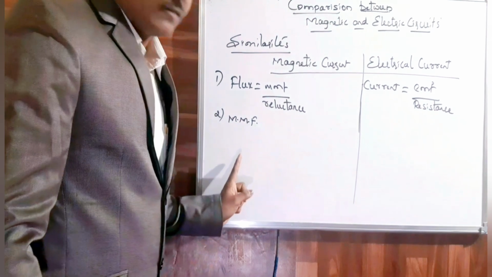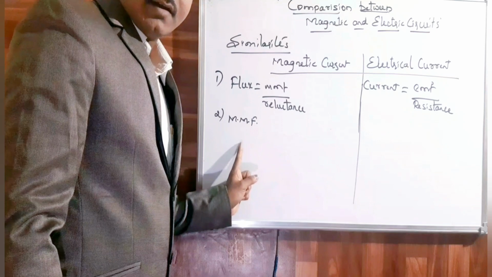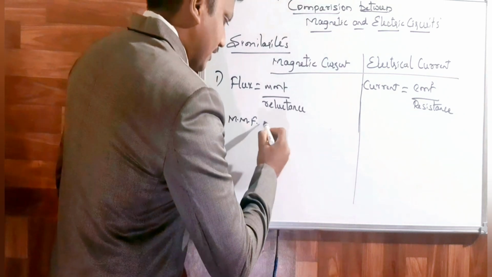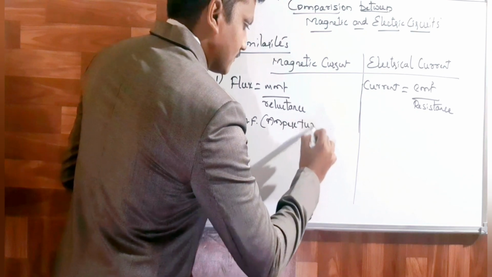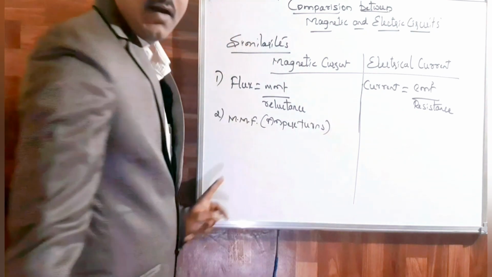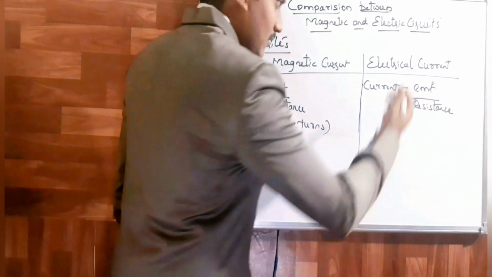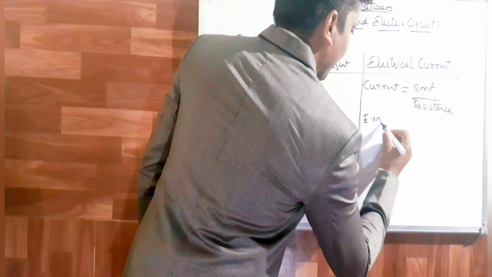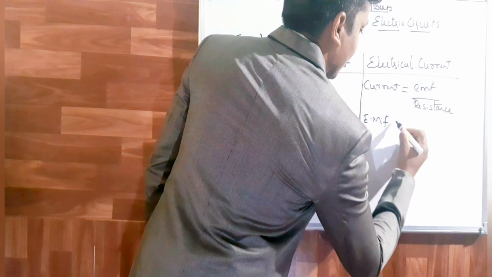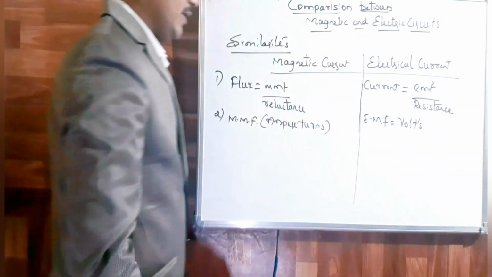In magnetic circuits we call it mmf, and the unit for mmf is ampere turns. In electric circuits we have emf, and the unit for emf is volts.